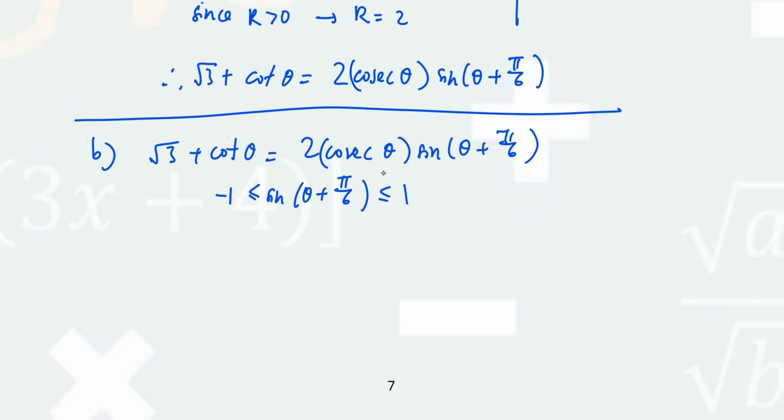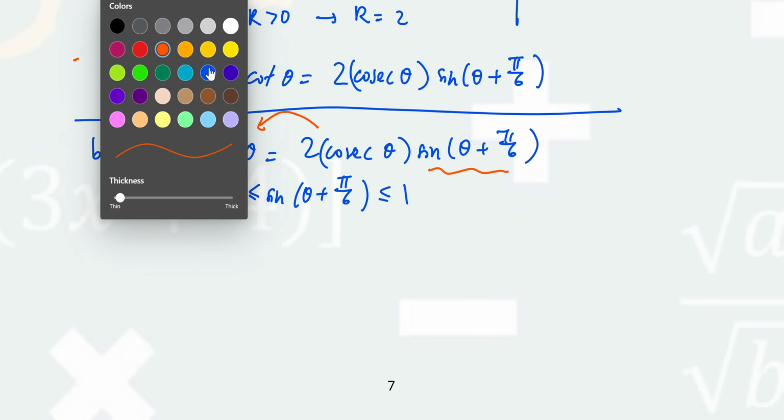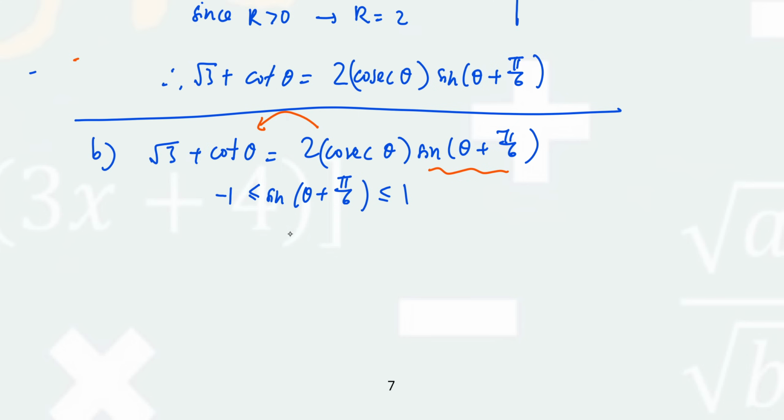So from here, if I get this as the subject, I need to move the 2 cosec theta to the left side. So I will be getting square root 3 plus cot theta over 2 cosec theta, and it will be between minus 1 and 1, because I'm just replacing the expression for sine theta plus pi over 6.